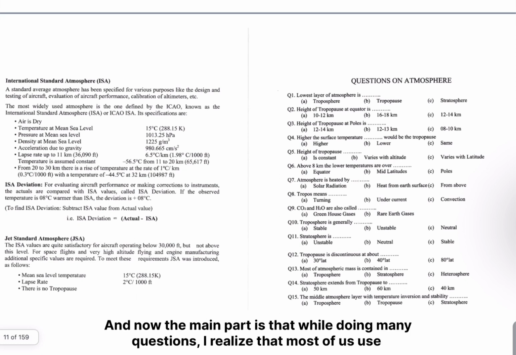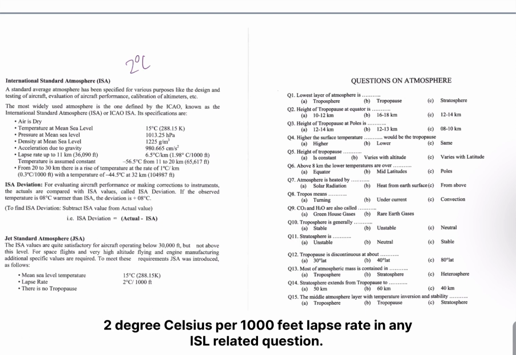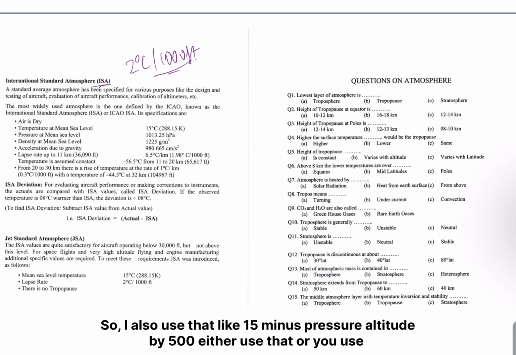And now the main part is that while doing many questions, I realized that most of us use the 2 degree Celsius per 1,000 feet lapse rate in any ISA related question. I also use that, like 15 minus pressure altitude by 500.